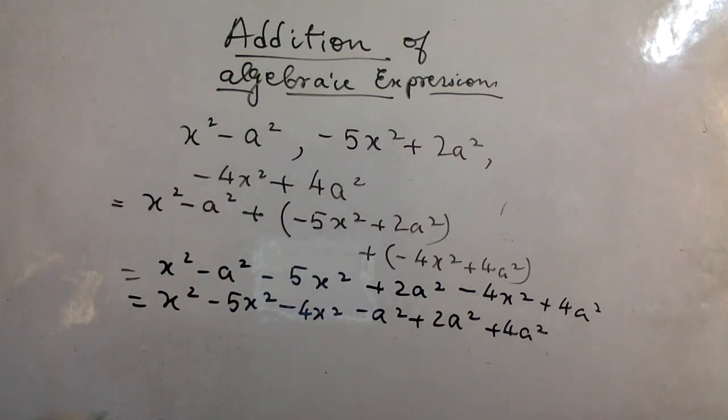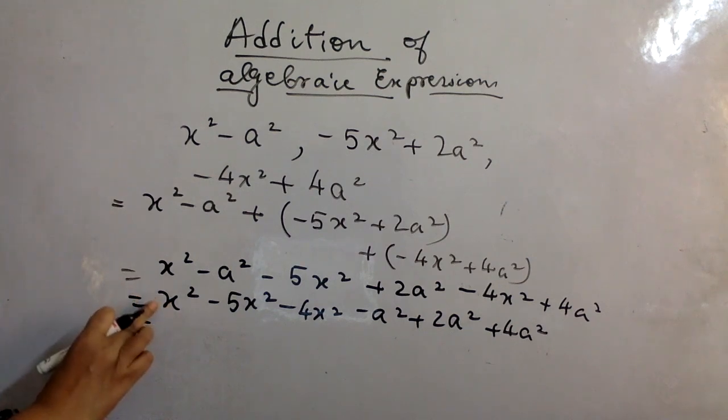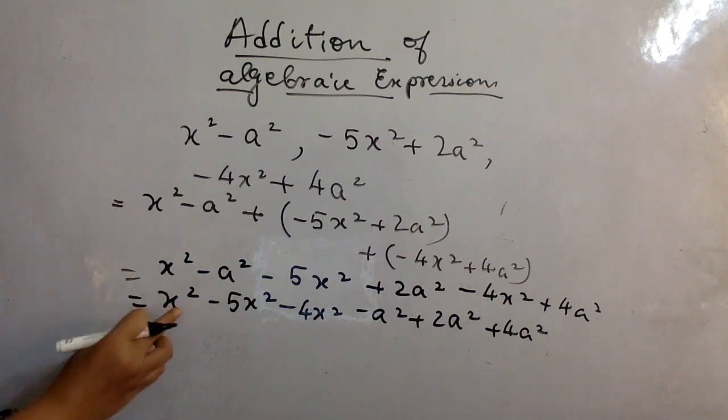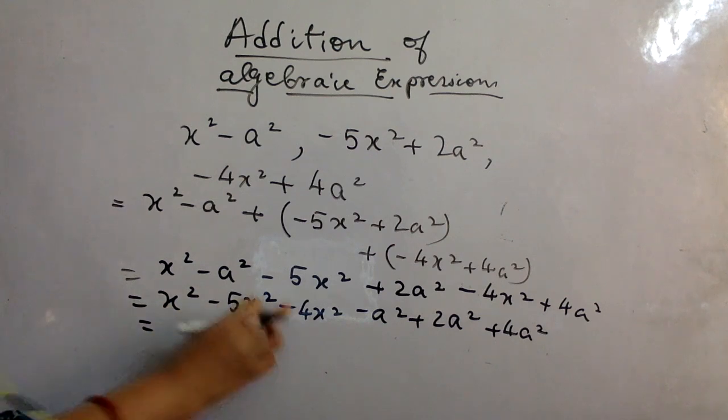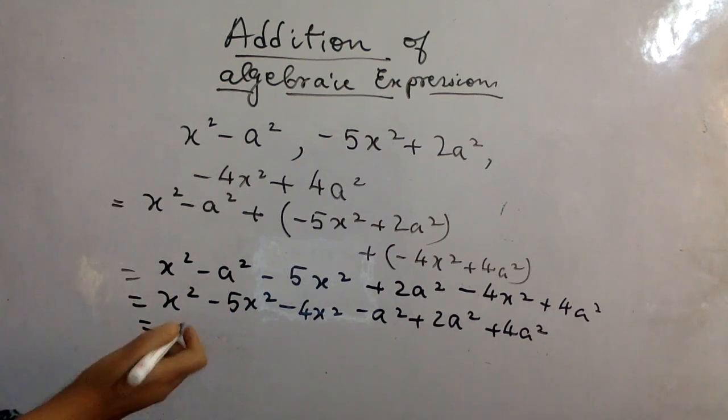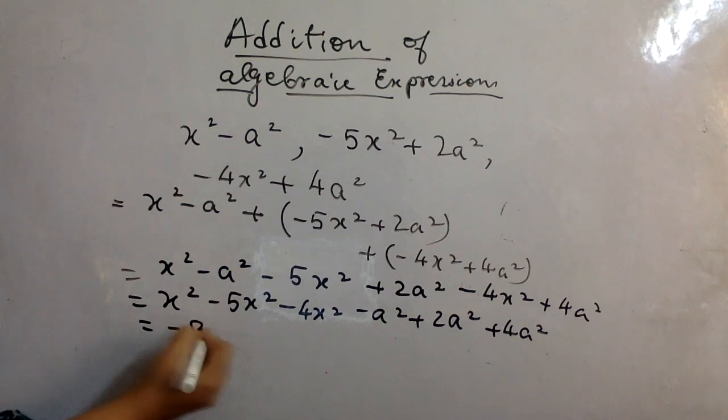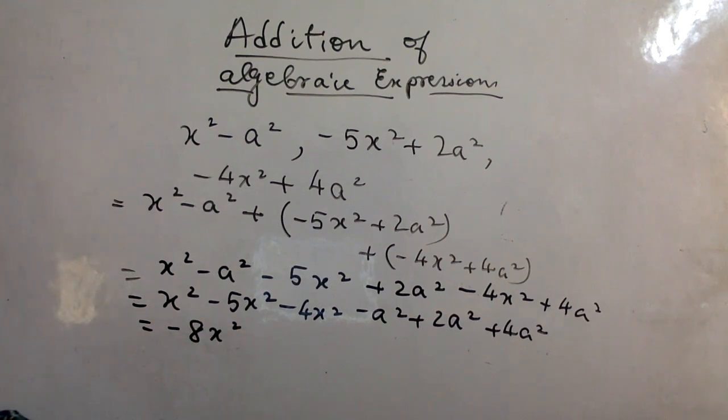Now we'll apply the same. We'll add apples together and oranges together. So here we have 1 minus 5 minus 4, that is 1 minus 9, which is a minus 8x square. I have done an integer addition.